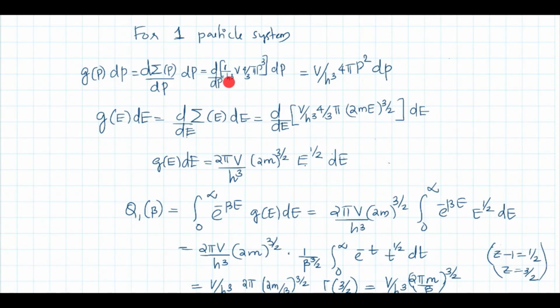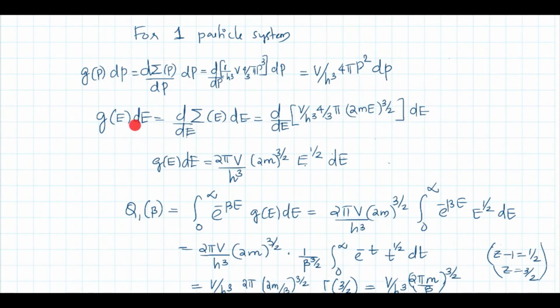V is the contribution from the coordinates, and in momentum space, the volume from 0 to p is the volume of a sphere of radius p, which is 4 by 3 pi p cube. If you take the derivative with respect to p, you will get V by h cube 4 pi p square dp. This is the density of states in terms of momentum.